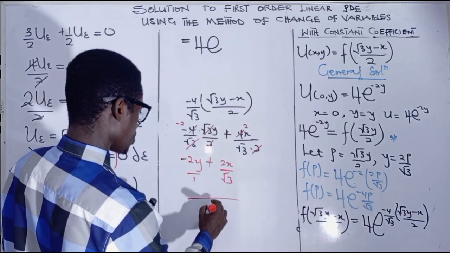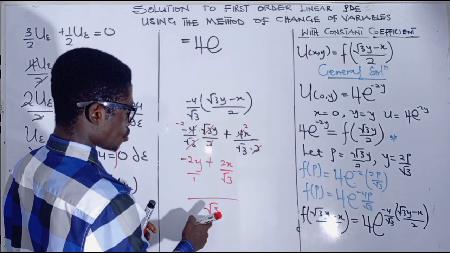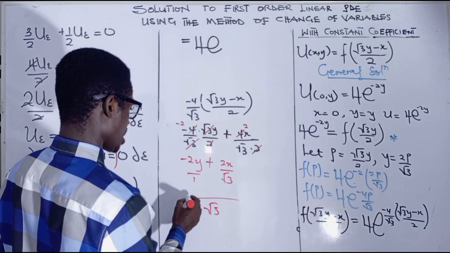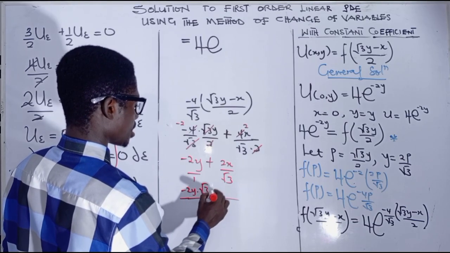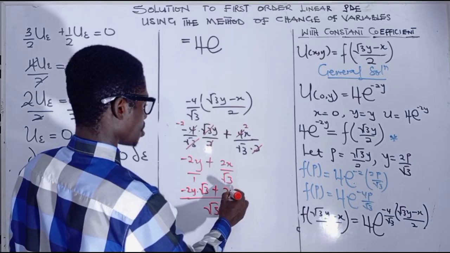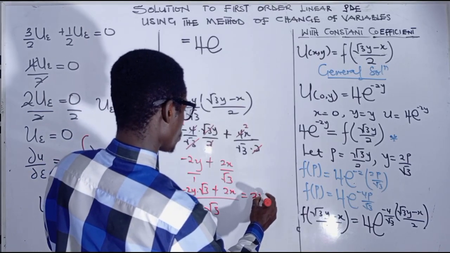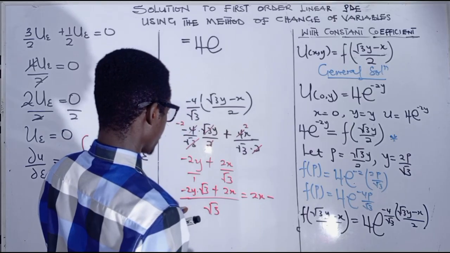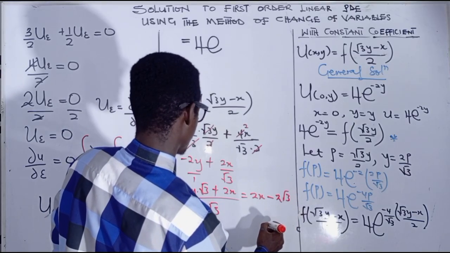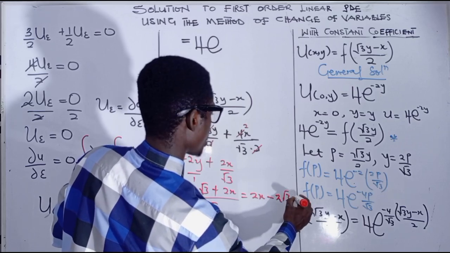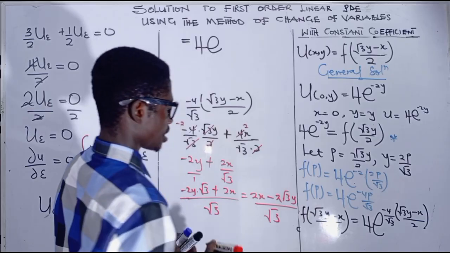Our LCM is going to be root 3, so we have negative 2y multiplying root 3, plus 2x. We can write this as 2x minus 2 root 3 y all over root 3.